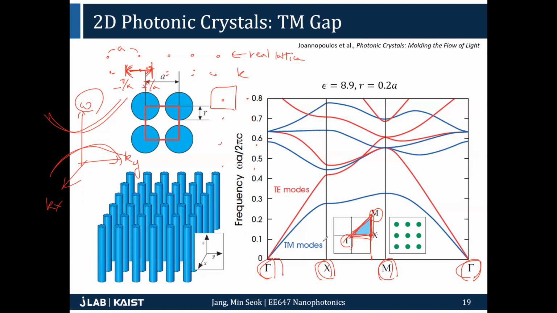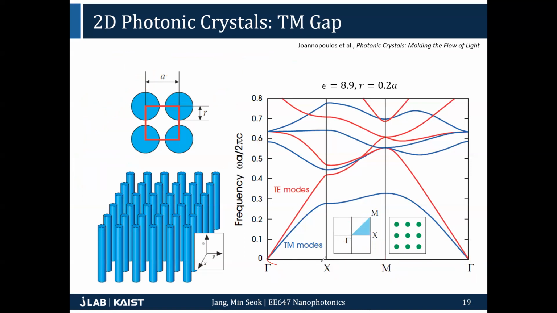Instead of drawing everything, you are just drawing these three lines. Gamma to X is drawing from here to here, then X to M from here to here, and then from M back to gamma. You can see the lengths of gamma X and XM are the same, whereas M to gamma is longer, which is obvious in the Brillouin zone diagram.